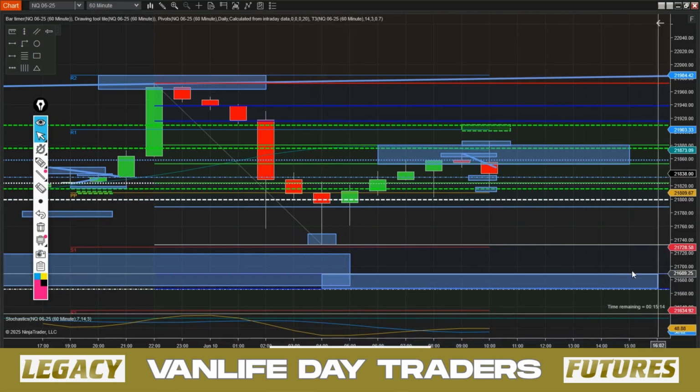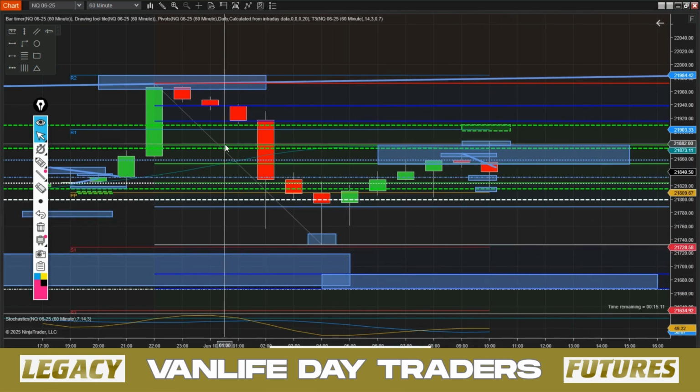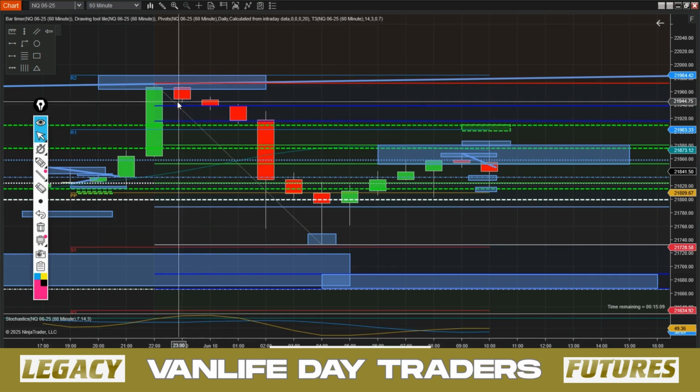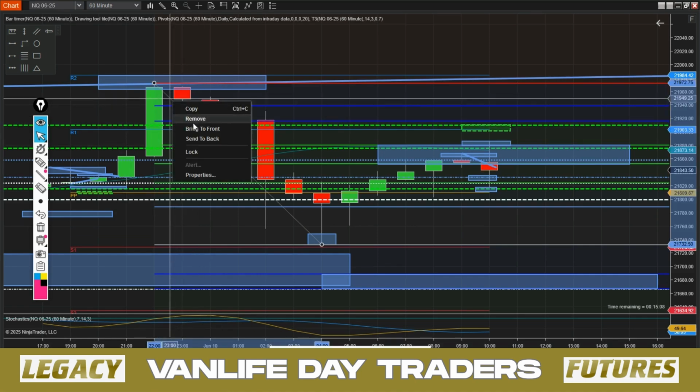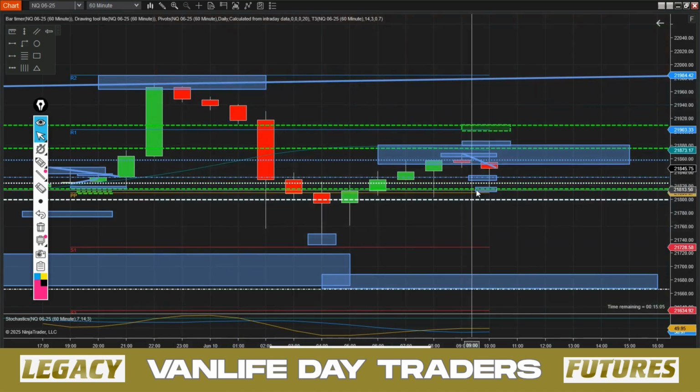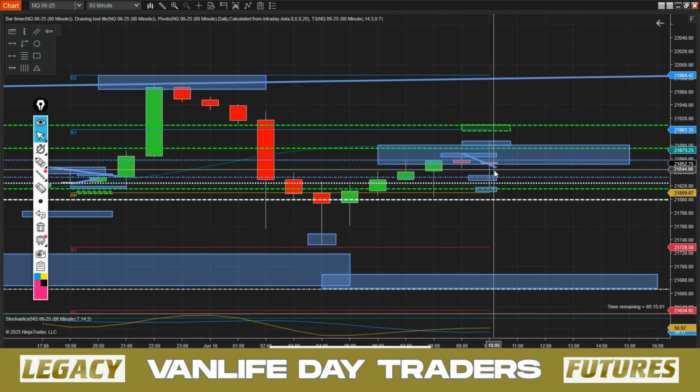Huge support zone. So I am more interested in this setup than in the 50-minute setup we were looking at to the upside.